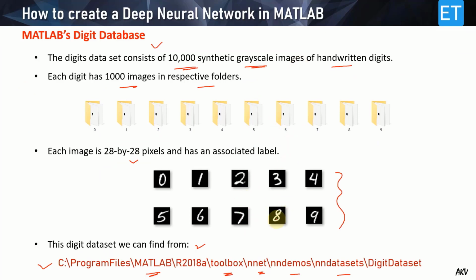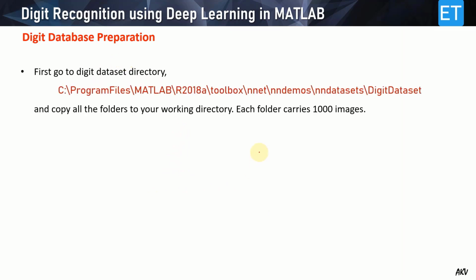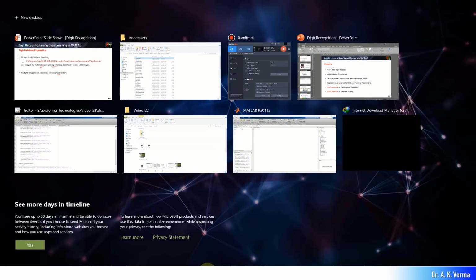So let me jump to the presentation. Now let's do some basic preparation for this data set. First we go to this directory as I have shown, and we copy these folders to some other working directory where I will write my MATLAB program, so that the MATLAB program will also reside in the same directory. I can show you what I have done.